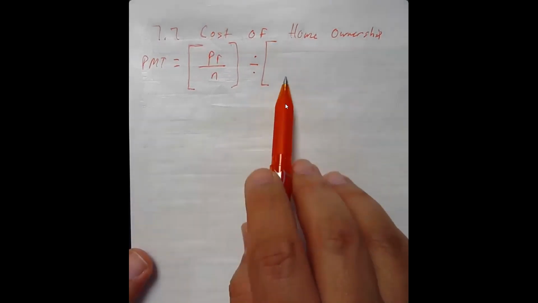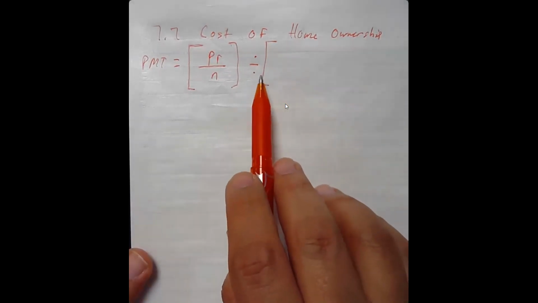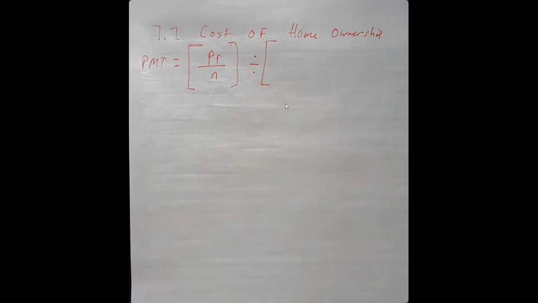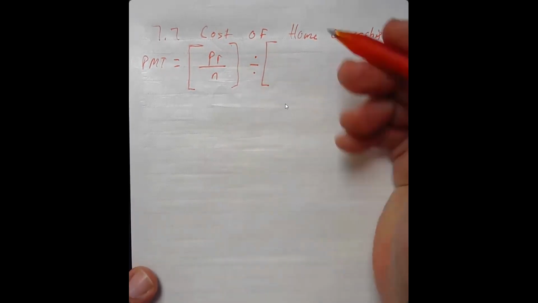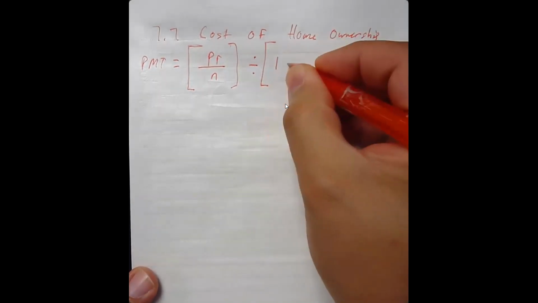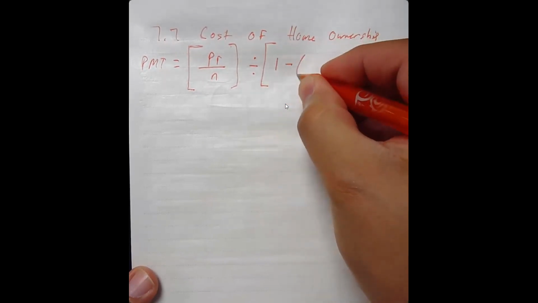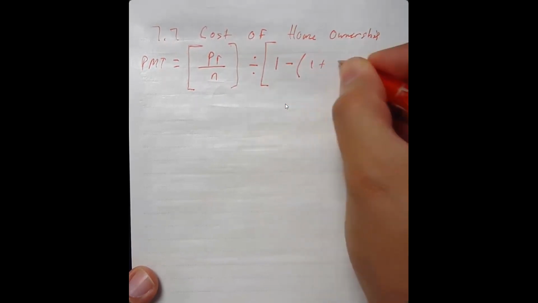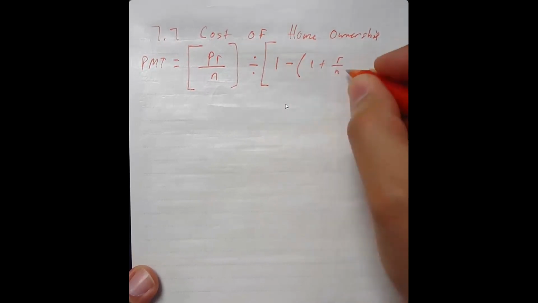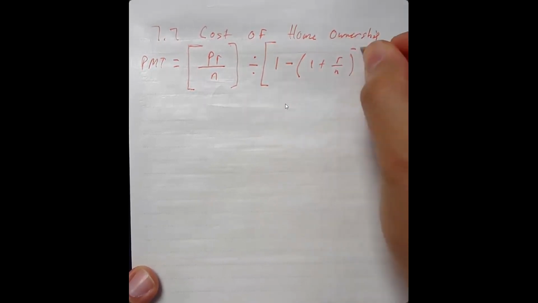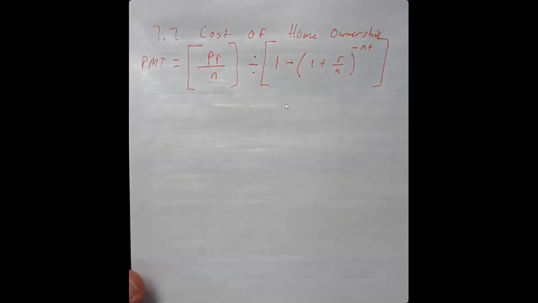Just remember that this is on the bottom of the fraction, or use a division symbol, open parentheses. So that'll be 1 minus 1 plus R over N to the negative N T, close bracket. That way you don't have to think too hard, you just plug it in, okay?